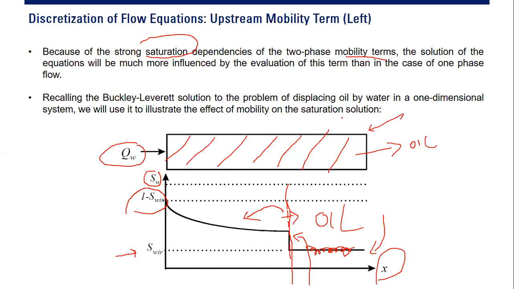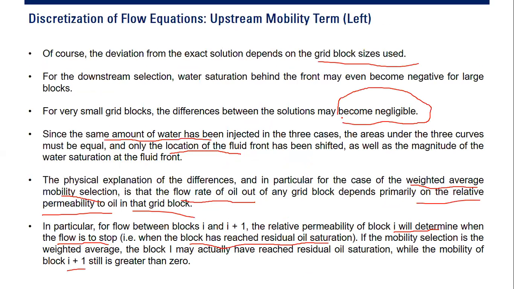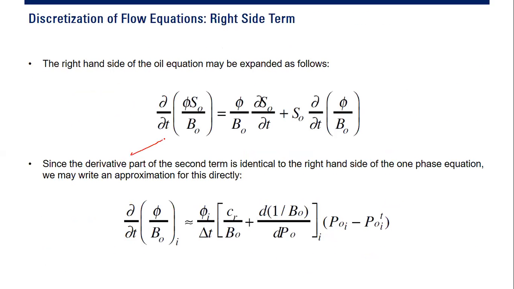Okay, so if we want to expand this, the first one is the porosity divided by BO, assume constant. It's like this. So we have dSO/dt, and then plus saturation of oil, constant, it will move out.